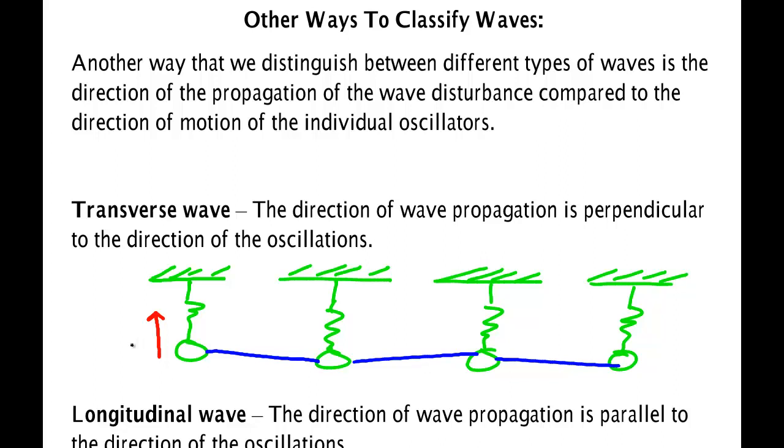So the oscillations are in this direction, but the disturbance propagates this way. I'll show that in a video again of our little pulse that we send down our wave machine.